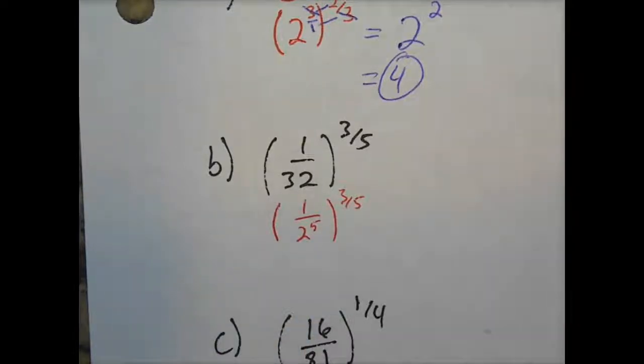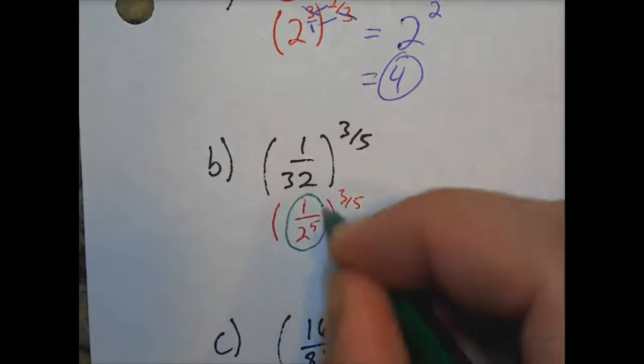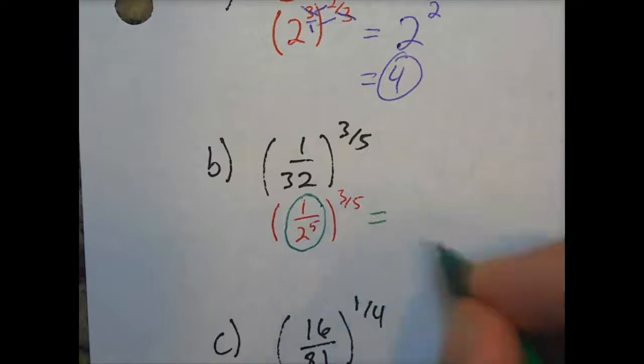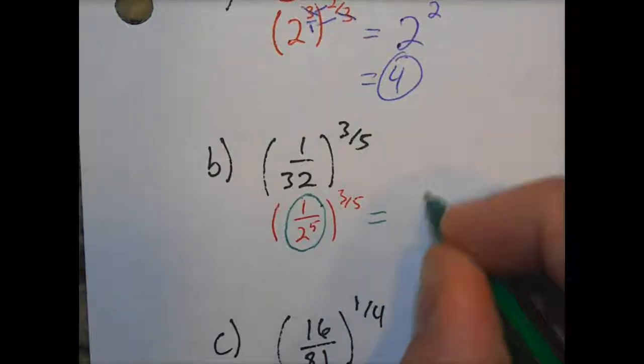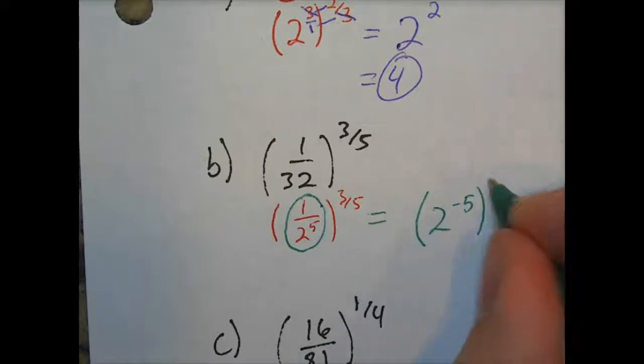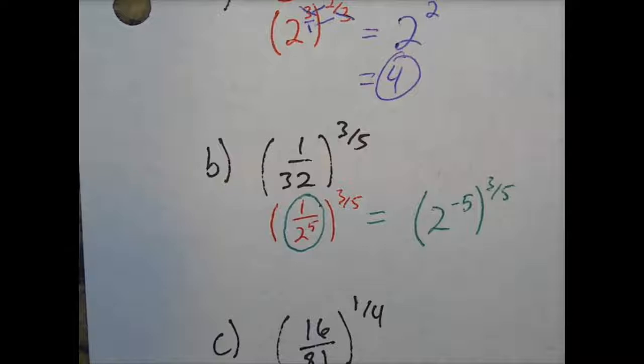Keep our exponent out there. Well, don't forget if we have a fraction and I want to make it all be the same base, I can make this have a base of 2 if I make the exponent negative, such that I can mess with this a little bit easier. I'll still keep that power of 3/5 on the outside.